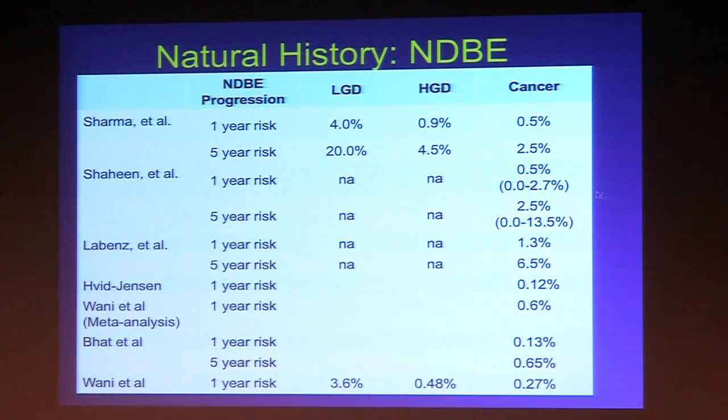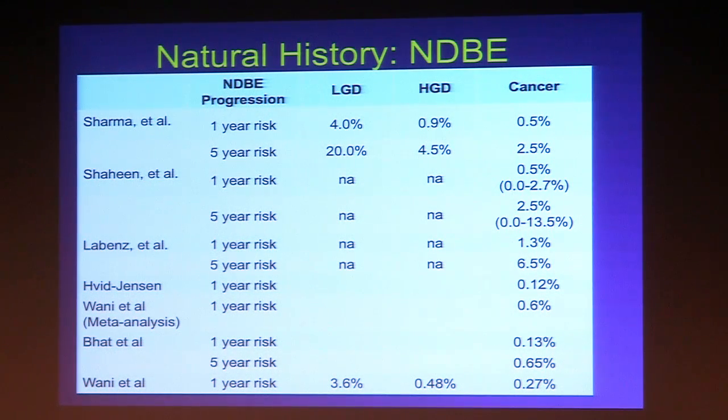For non-dysplastic Barrett's, the risk is low and maybe even lower than we thought. This is just a whole bunch of studies and it's a busy slide, but basically the cliff notes here is the risk of cancer for non-dysplastic Barrett's is only about 0.5% per year, which means that in a 10-year period, you've probably got a 5% chance of getting cancer, which means you have a 95% chance of not.